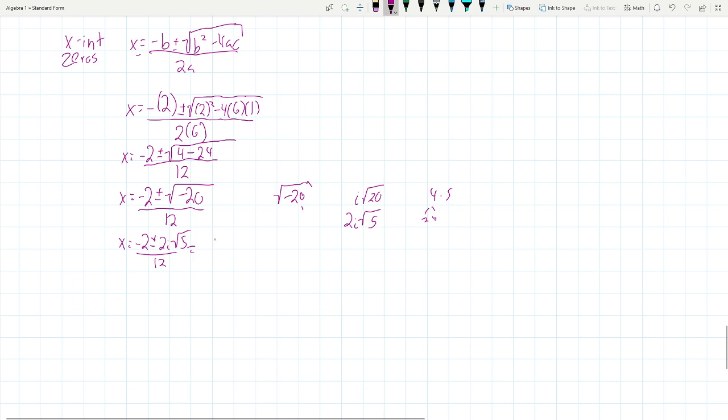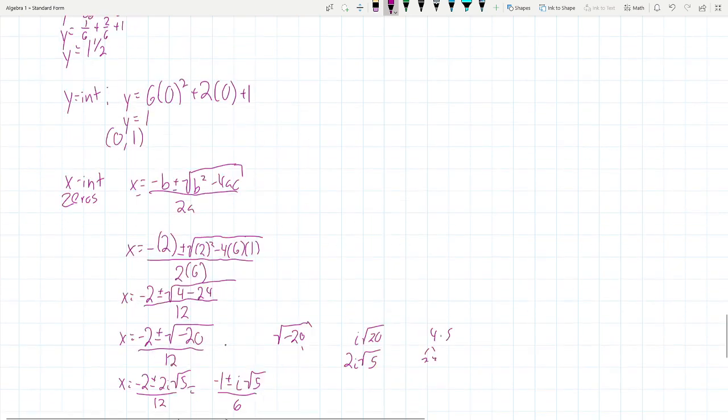And this simplifies down to negative 1 plus or minus i root 5 over 6. And so there is no x-intercept. No intercept means it's above the graph. There we go.